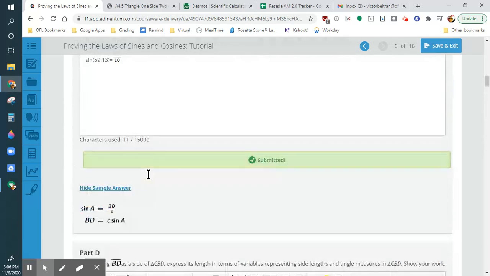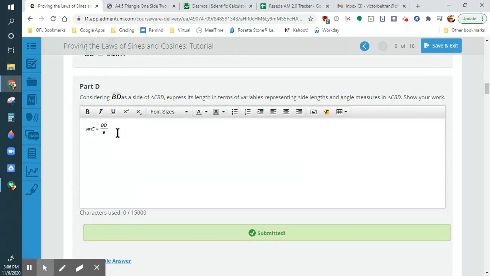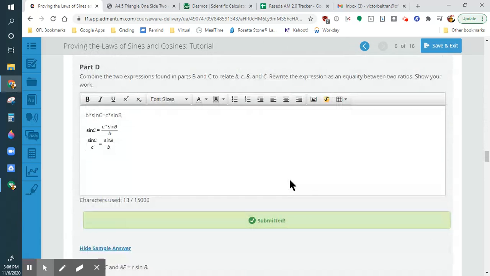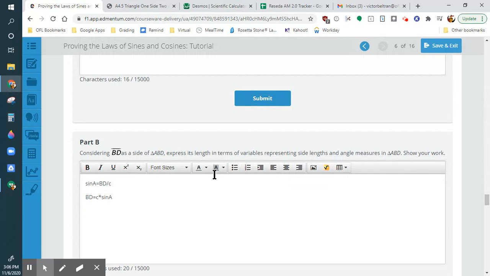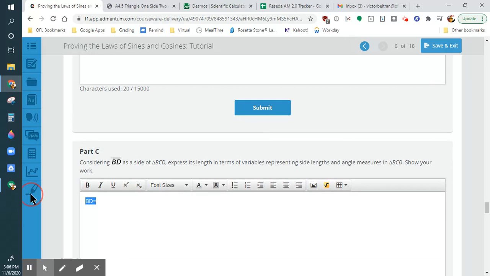Wait, BD, we did that here. I just forgot the second step. So triangle CBD. There we go. Which means this is going to be a times sine C D equals BD.